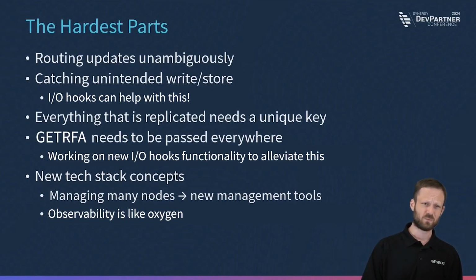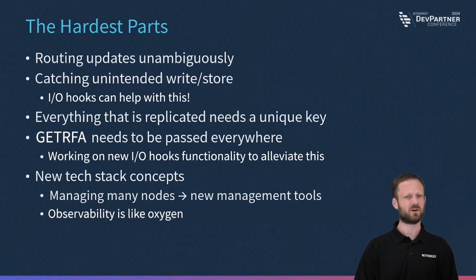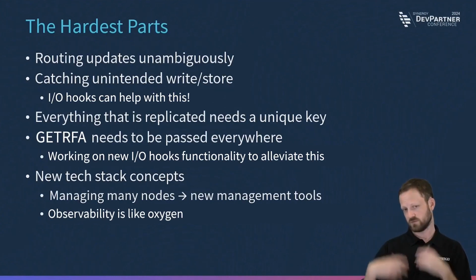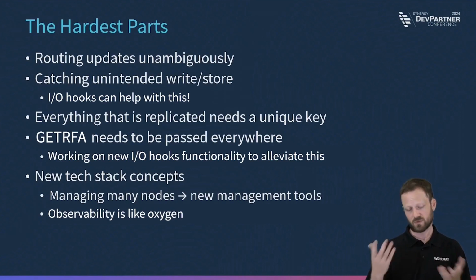Probably the biggest hard part here is we're really talking about a bunch of new tech stack concepts. So you're used to running your application on one node, and you might pull log files off of that with something like Splunk.